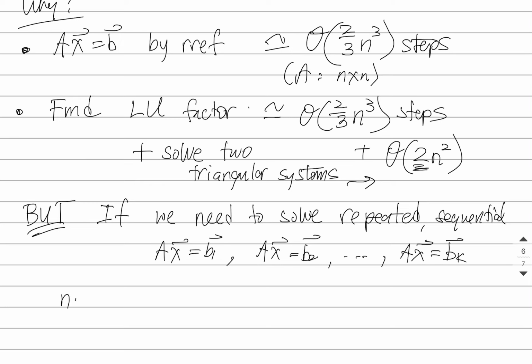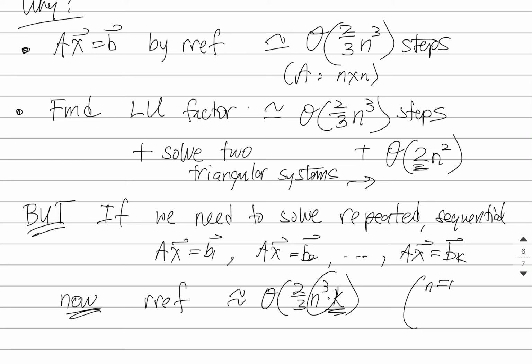Because now, if you wanted to do this with row reduction, with the row reduced echelon form, it's going to be on the order of 2/3 n cubed times k. So you're scaling up this k, right? You're scaling up this n cubed. Now, just for understanding, if n is 100, that's 10 to the 2.